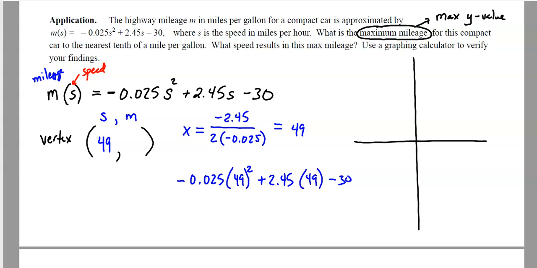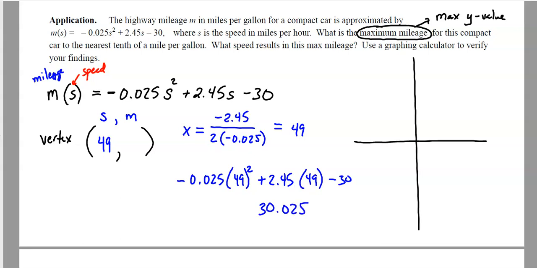So let me punch all this in the calculator. Negative 0.025 parentheses 49 parentheses squared plus 2.45 times 49, take away 30. I'm getting 30.025.